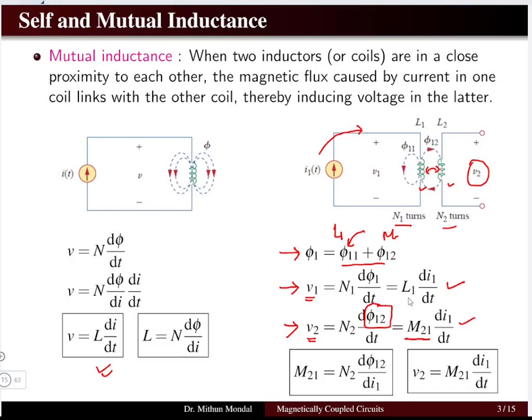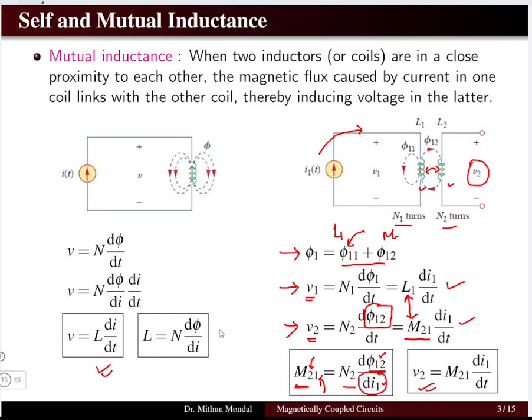The only difference is that in the first coil we have the self-inductance, whereas in the second coil we have the mutual inductance due to which the voltage is induced. So we can write M21, that is the mutual inductance in the second coil due to the current flowing in the first coil, equal to N2 d phi12, the flux linking 1 and 2, by di1. So the current is flowing in the first coil, the flux is linking both coils, and a voltage is induced in the second coil V2.